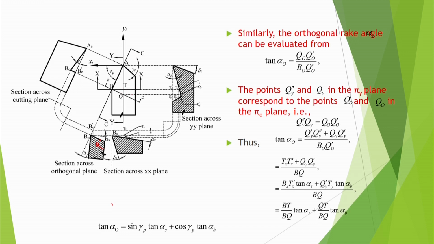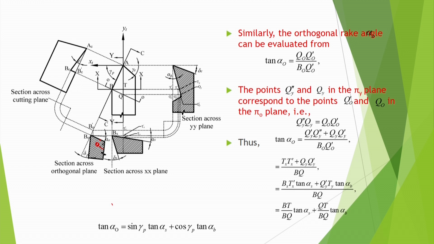Now Bt by BQ, this one, is nothing but sin gamma P, because this is orthogonal to that. So this angle is gamma P from horizontal, so this becomes 90 minus gamma, and this becomes gamma P, so Bt by BQ is equal to sin gamma P tan alpha S. Similarly Qt by BQ, shown here in the top view, is cos gamma P into tan alpha B. Now you have a relation between orthogonal angles also.